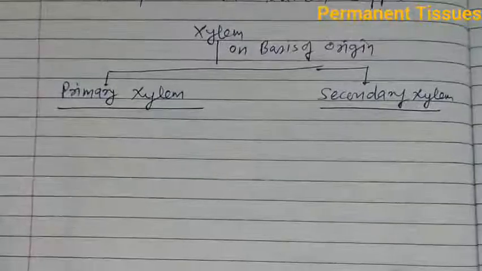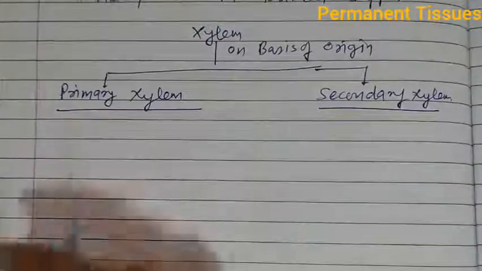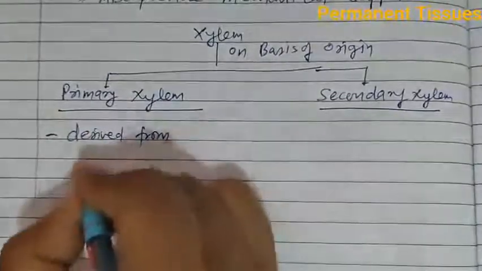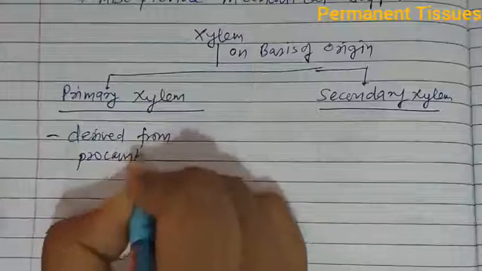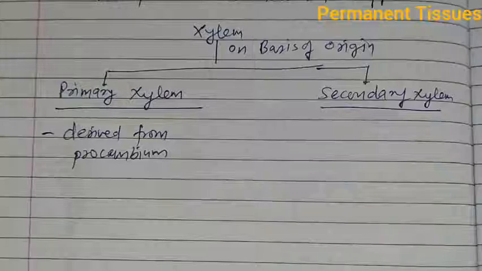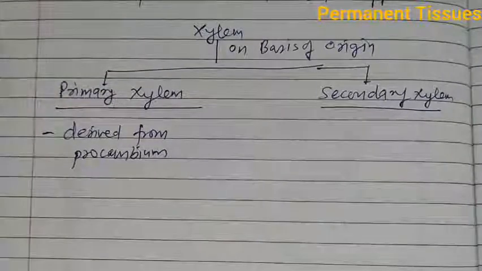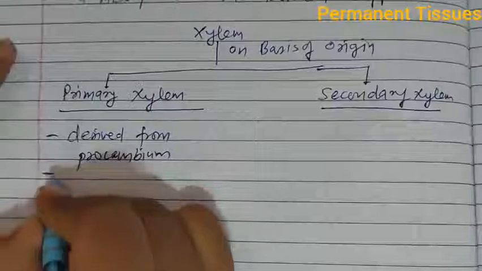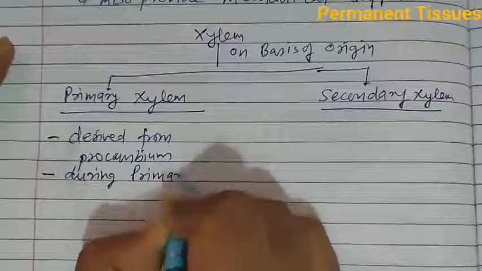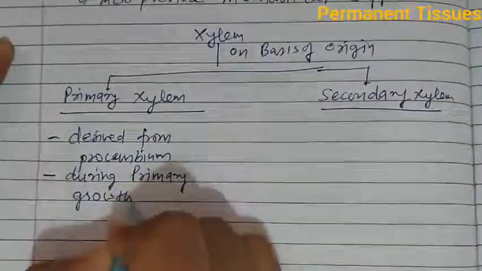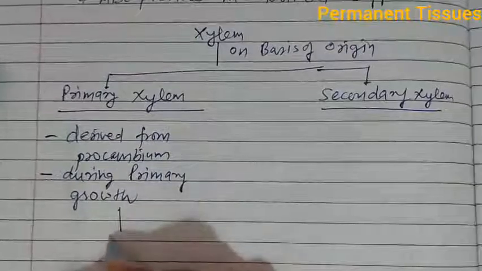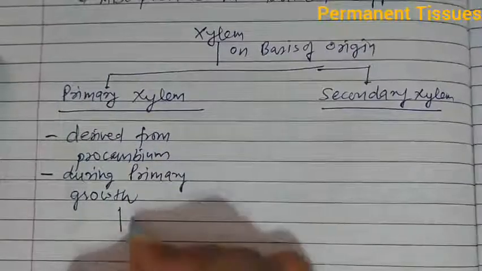When we talk about primary and secondary xylem, primary xylem is derived from procambium and it is formed during the primary plant body, during primary growth or lengthwise growth.